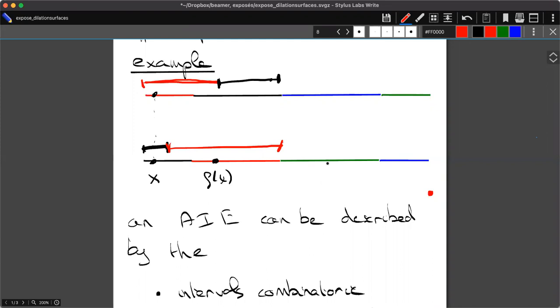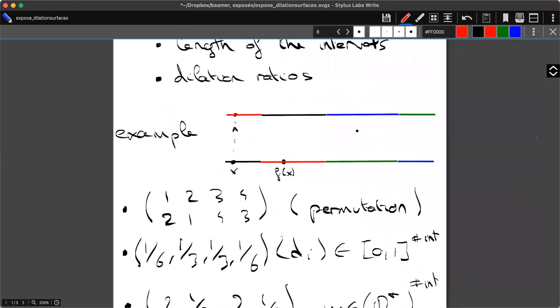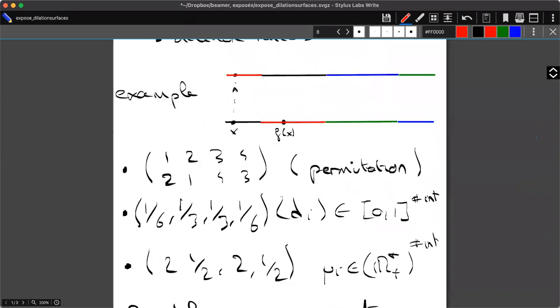Okay. And I want to study all these maps. I think it was obvious maybe, but I want to study the dynamical properties of the maps given by such pictures, affine interval exchanges. And what I try to say with this example is that you can parameterize the set of all these maps by finitely many real numbers.